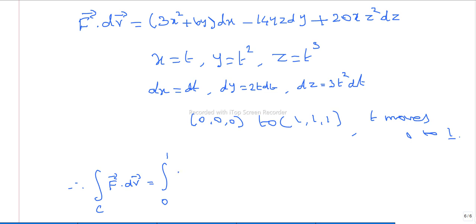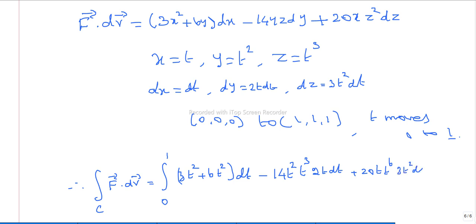Substituting x equal to t, we have (3t square plus 6t square) dt, minus 14 times t square times t cube times 2t dt, and then plus 20 t times t to the power 6 times 3t square dt.